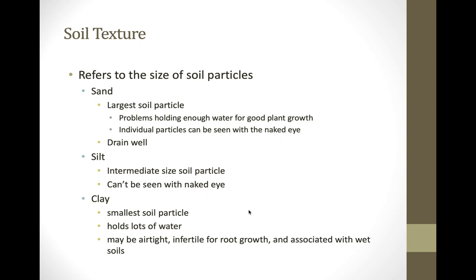So it can be difficult to grow things in clay because it's kind of airtight. It's not very fertile as far as root growth because it's really difficult to get things to grow well in clayey soil. A lot of times you think about this as being a wet soil because it does hold on to water so tightly.